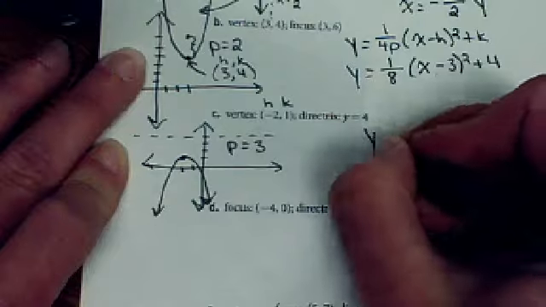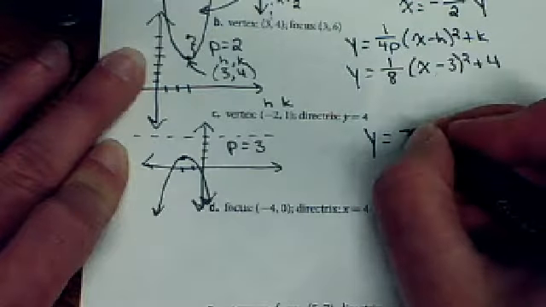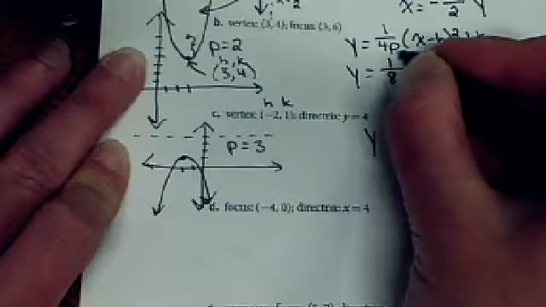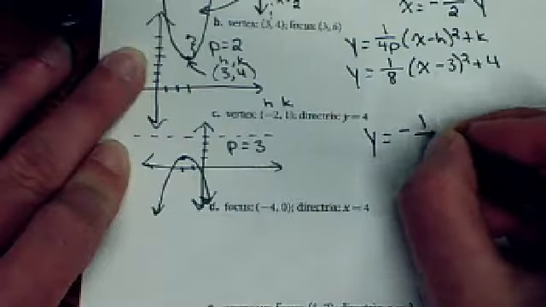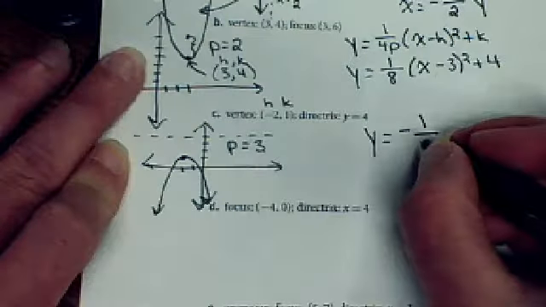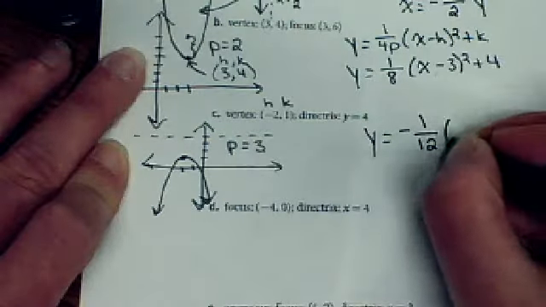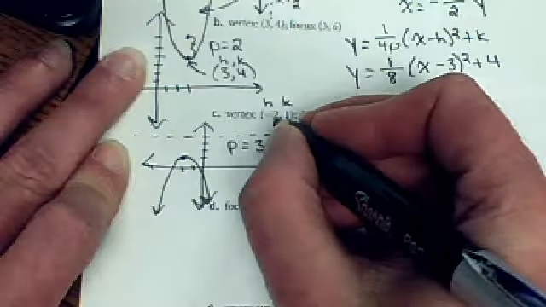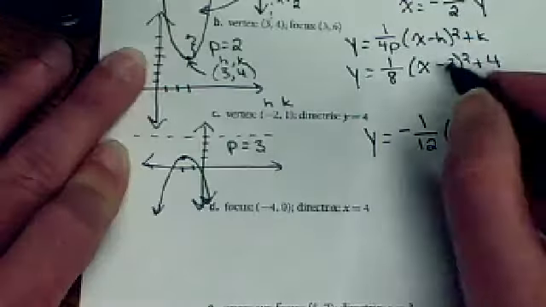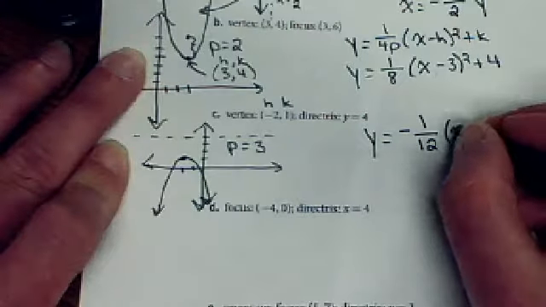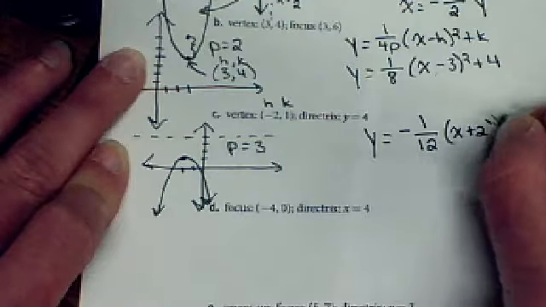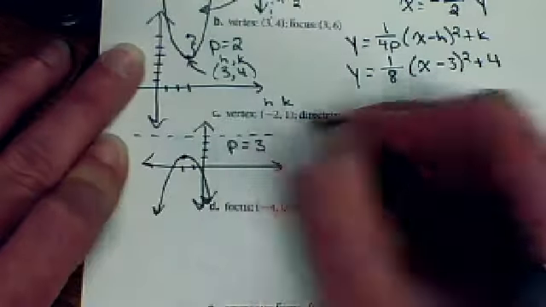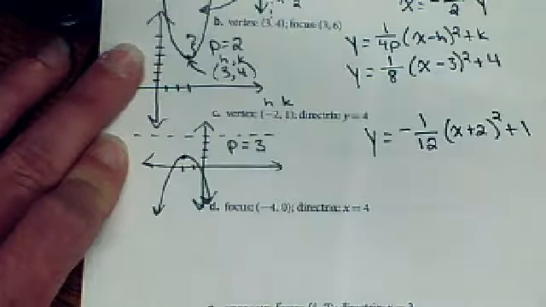So this is going to be y equals negative 1 over 4 times p. p was 3, so 4 times 3 is 12. x minus h. Well, the h was a negative 2, so when I do x minus a negative 2, that's x plus 2. Plus the k, and that would be 1.